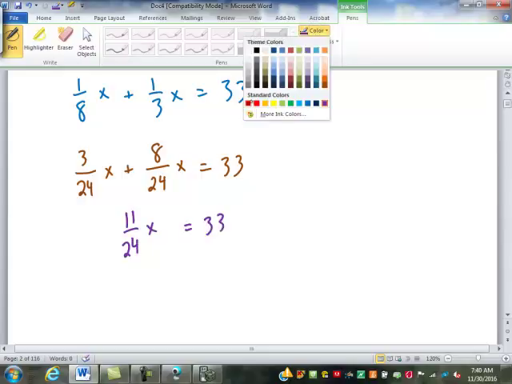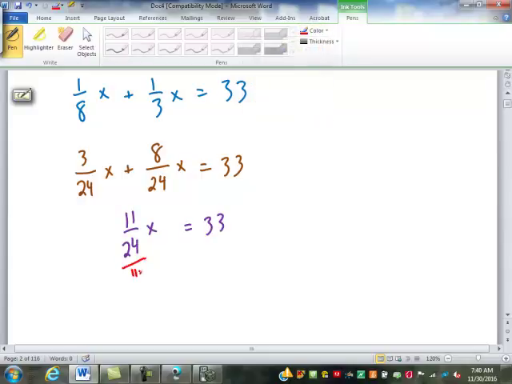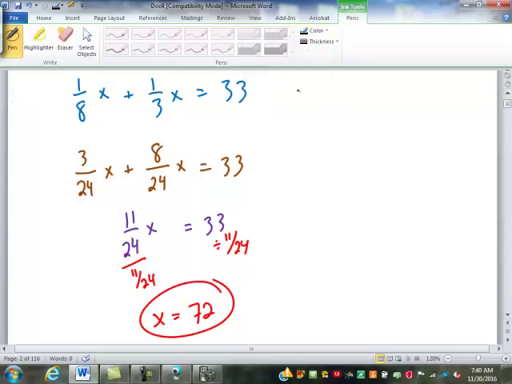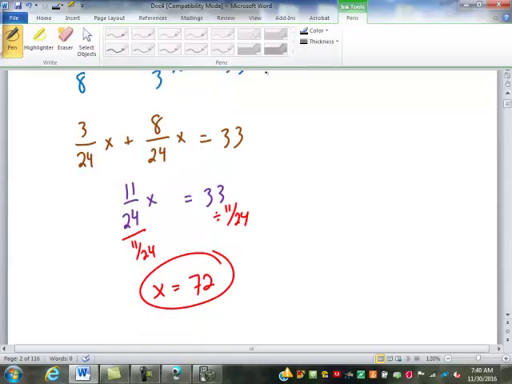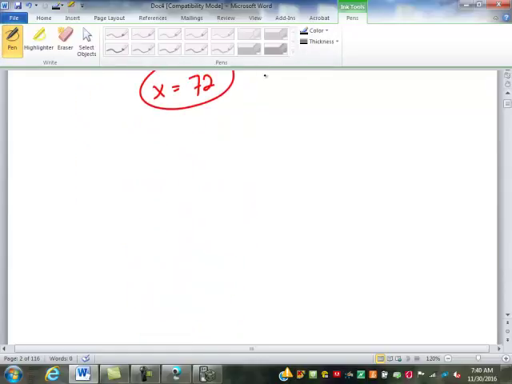And then multiply by 24 over 11 or divide by 11 over 24, either one. Gives you that x equals 72. Any questions on that one? Let's try something like this.